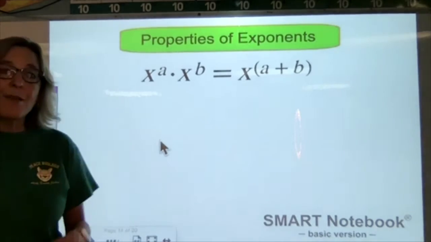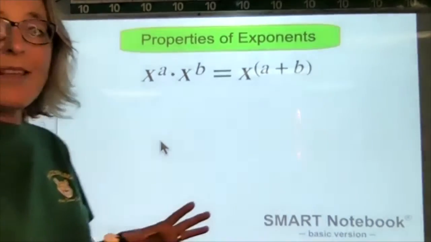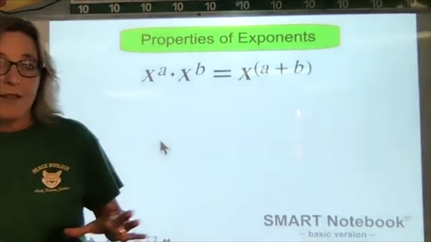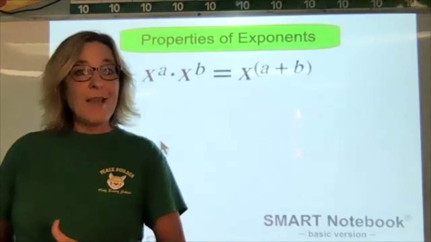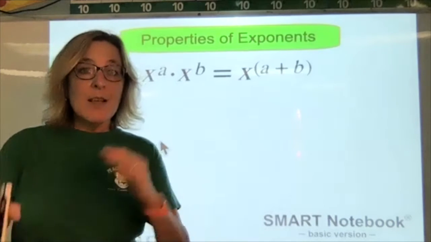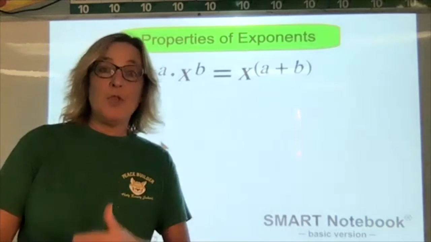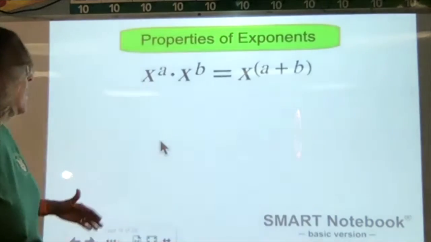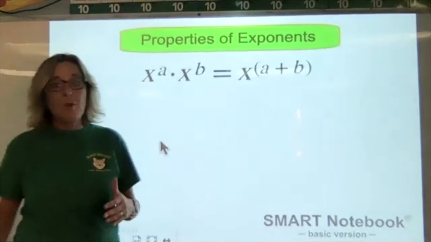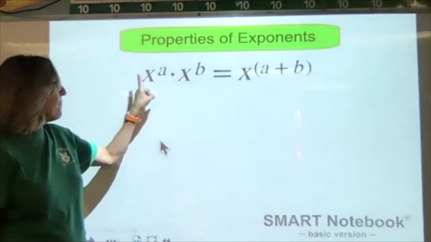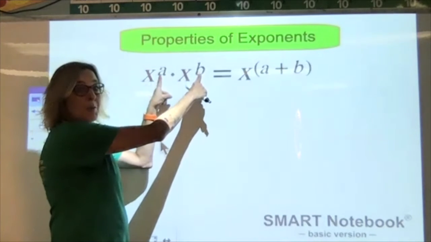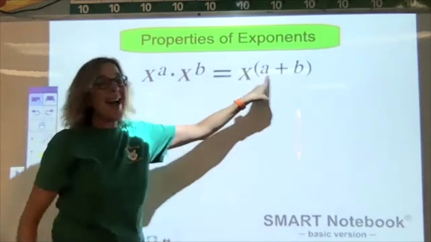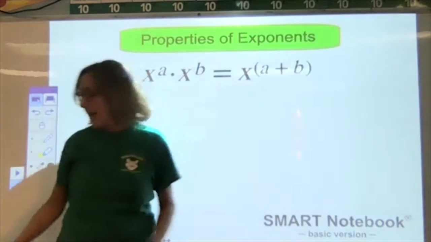Okay, so now I'm going to show you a summary of all the properties we've been talking about. This is going to be a really great tool if you want to make a list of them in your notes, because these are all the properties that you'll be using, okay? So this is the multiplication property of exponents that says if you have the same base and you have a multiplication problem, that you add the exponents, okay?